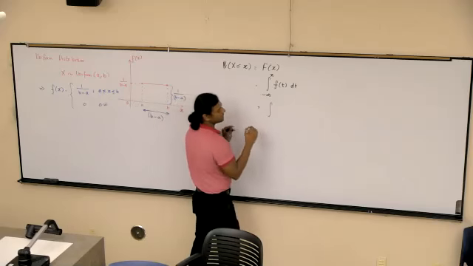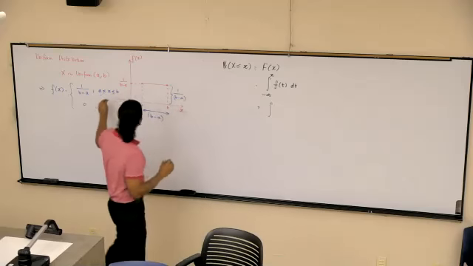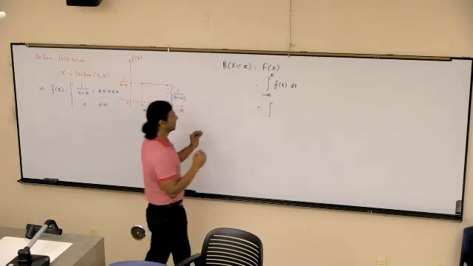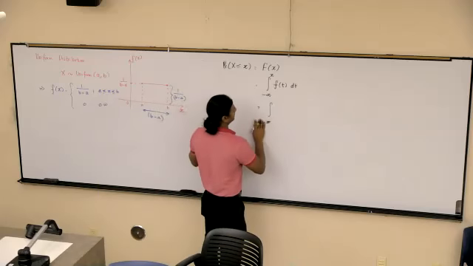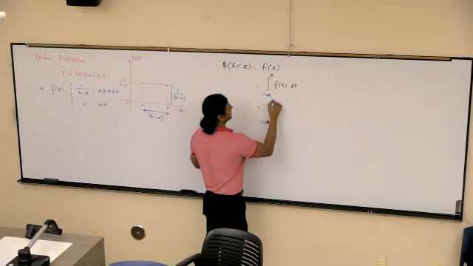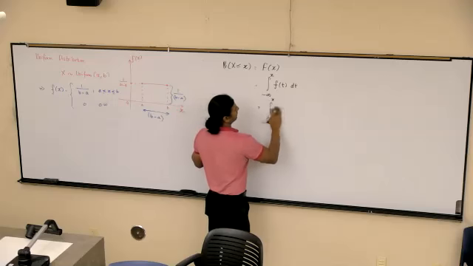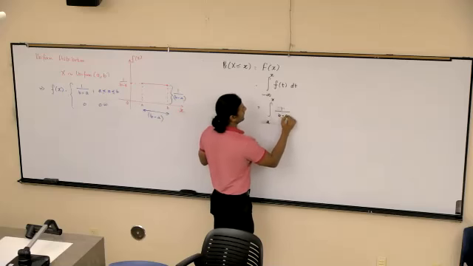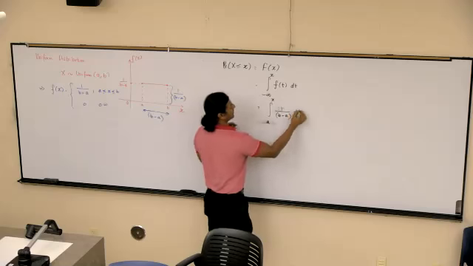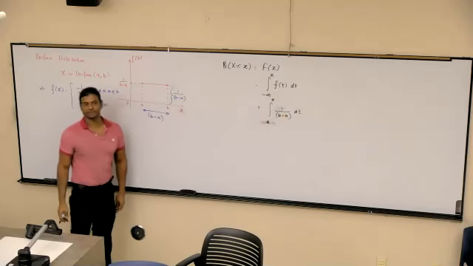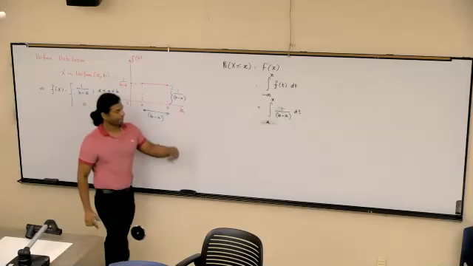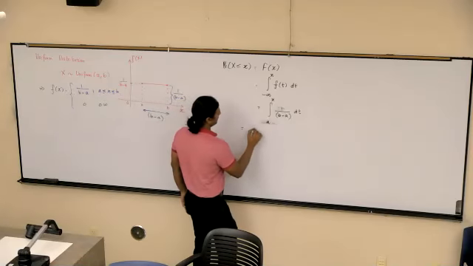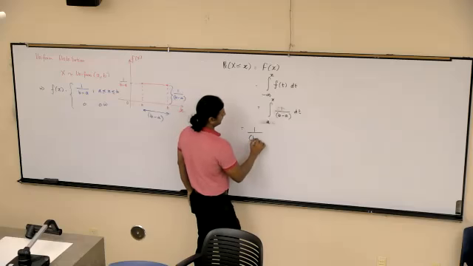For any given x between a and b, including the endpoints, this would be the integral from a to x of f of t, which simply is 1 over b minus a, multiplied by dt. 1 over b minus a is a constant.